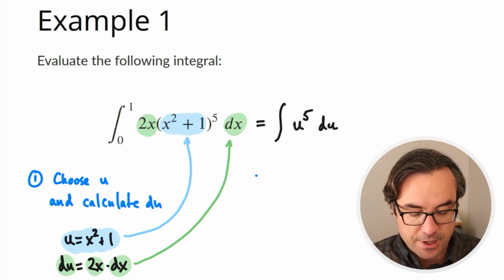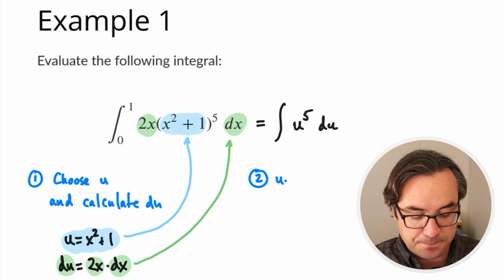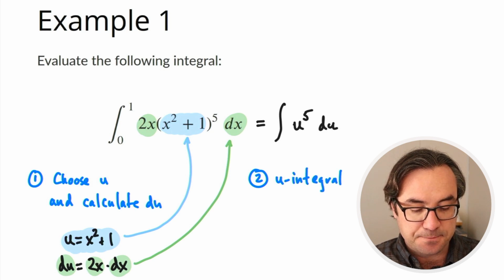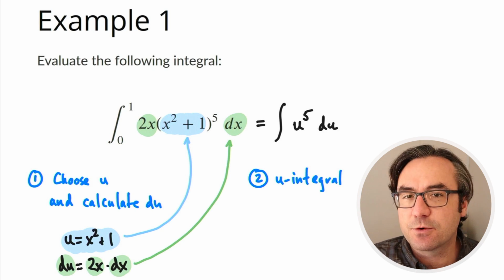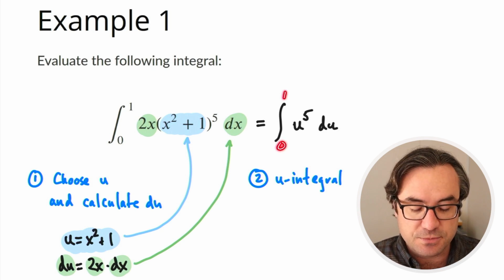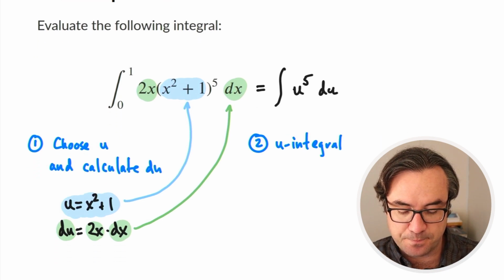Normally our step 2 is we want our u integral, and the way we're going to do this is we're going to switch those limits of integration. We're not going to use 0 and 1 anymore. So how do we do this?